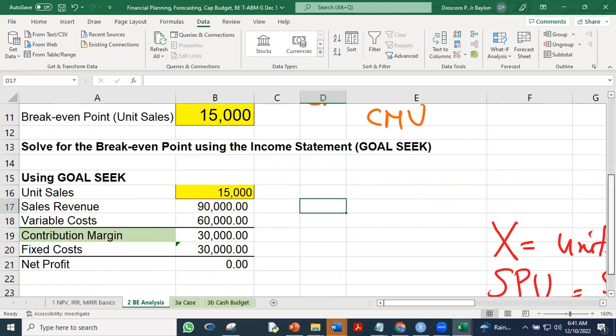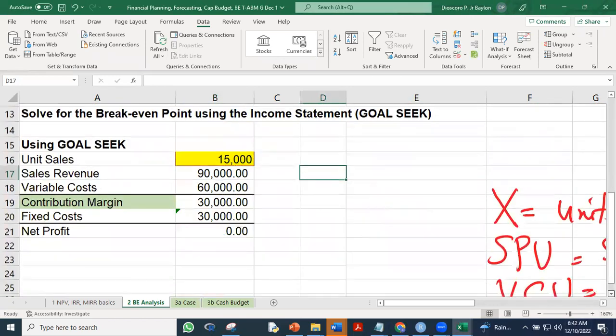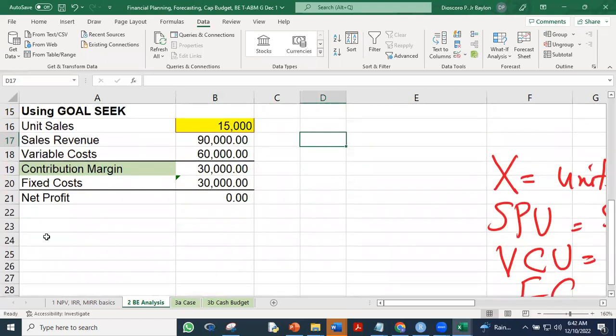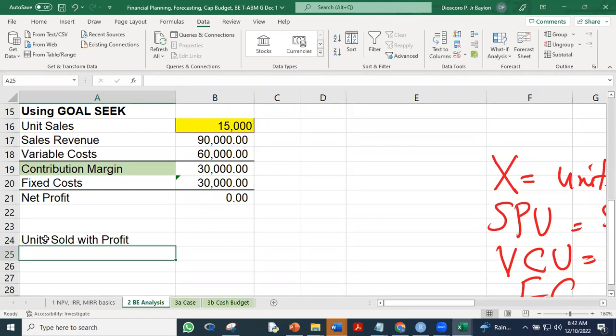And of course, we can solve the problem where we want a certain level of profit. For example, suppose we want the profit to be 1 million.